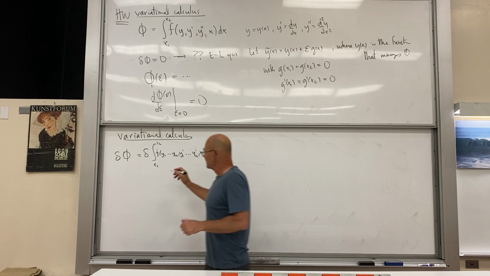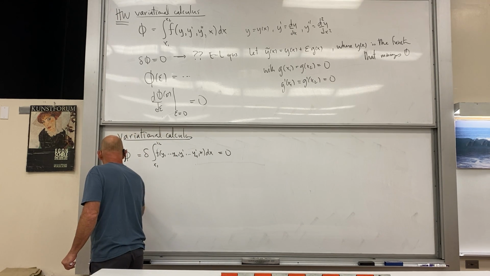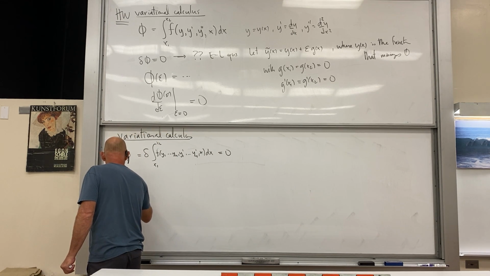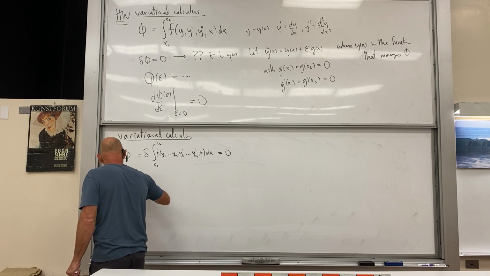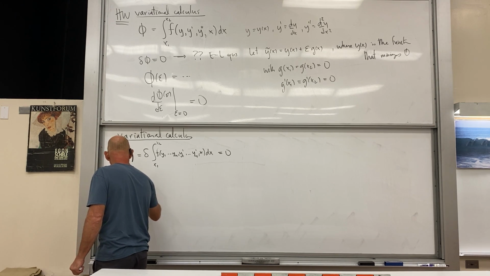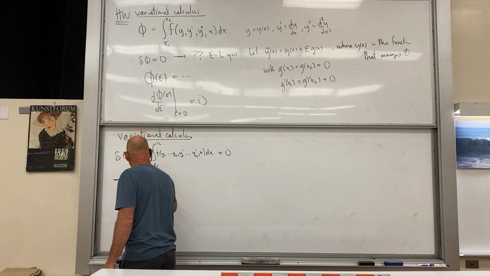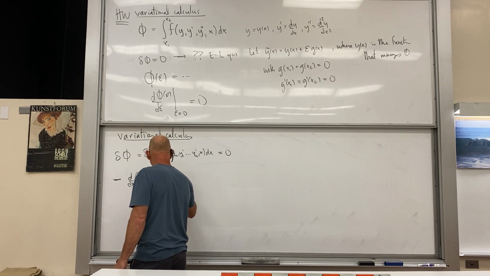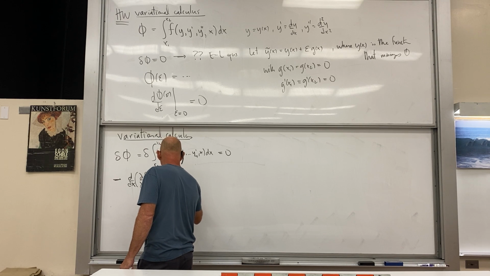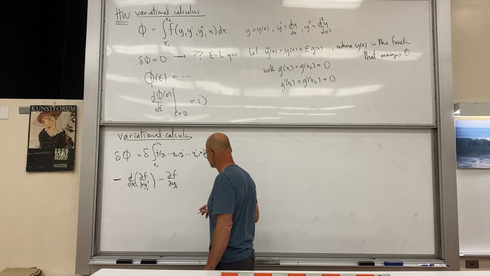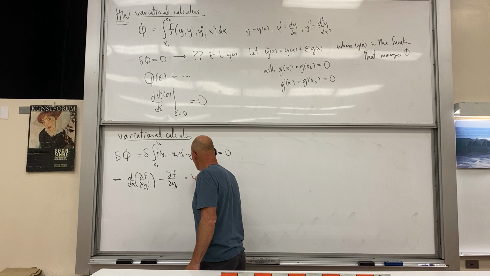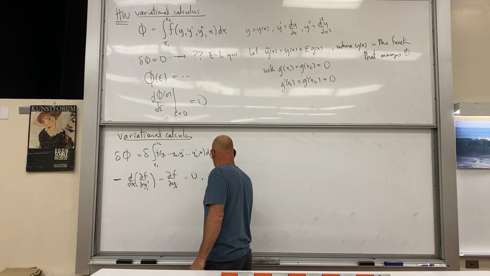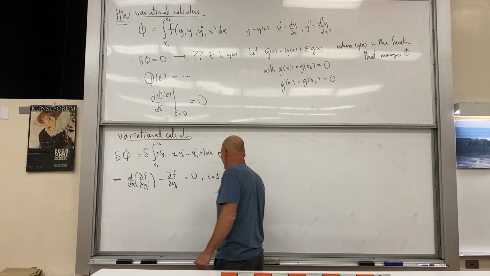And if that's the case, then we have two things. We have the Euler-Lagrange equations, d over dx of partial f over partial y sub i prime, minus partial f over partial y sub i, equals 0, for i equals 1 to n.